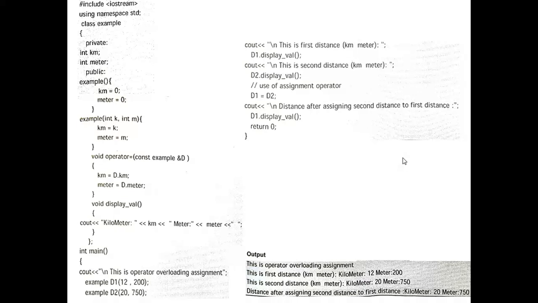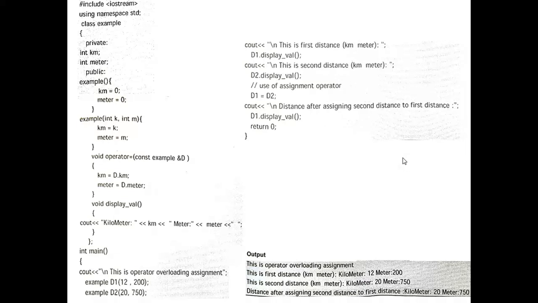Afterwards, we have written another line, that is cout, this is first distance, kilometer and meter, and by using the object d1, we have called the function display_value. When we create d1, the object of the Example class, and we are passing 12 and 200, automatically the parameterized constructor will be called.